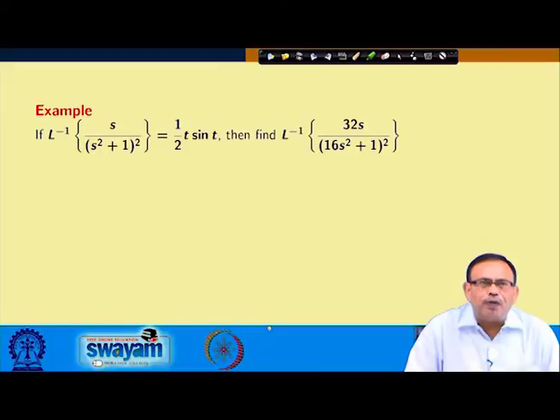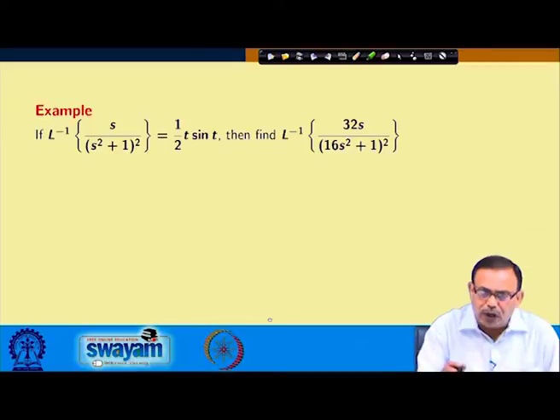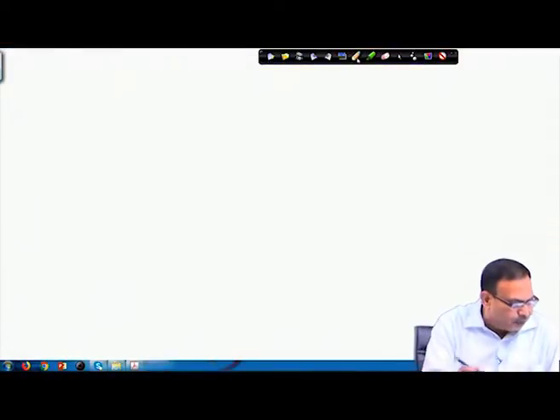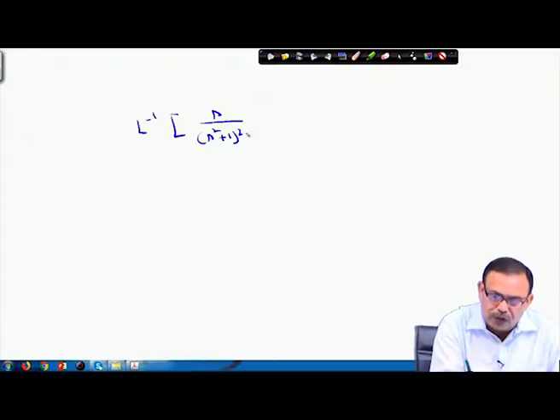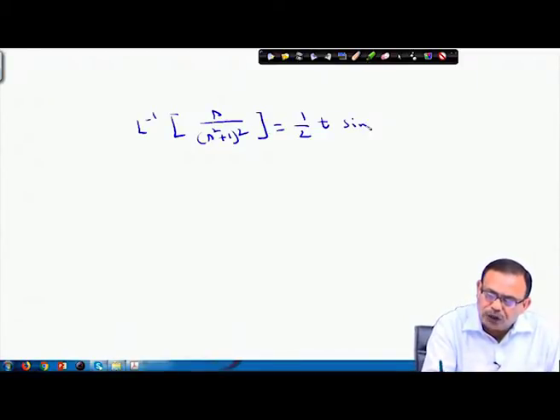Next one is similar. If Laplace inverse of s by s square plus 1 whole square is half t into sin t, then you have to find out the Laplace inverse of 32 s by 16 s square plus 1 whole square. So, for this I know that Laplace inverse of s by s square plus 1 whole square equals half t into sin t.